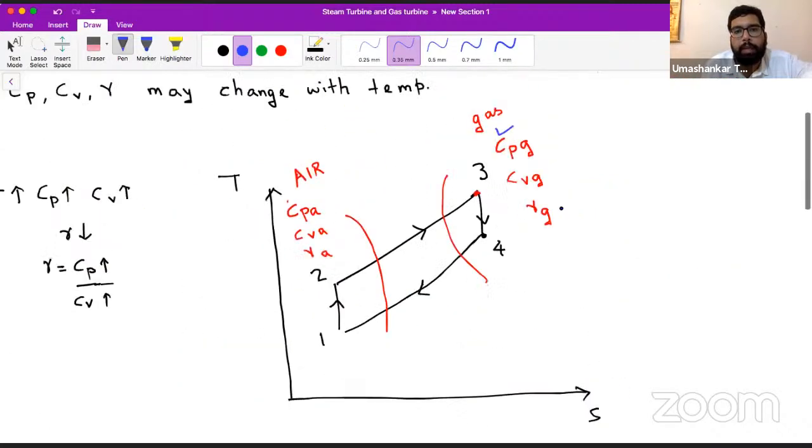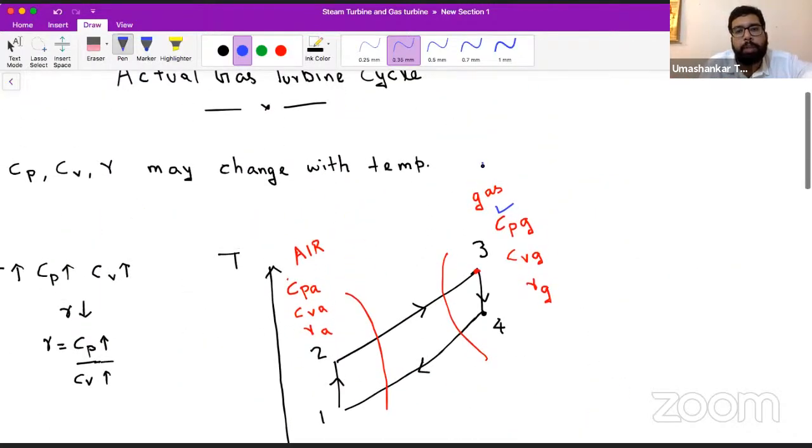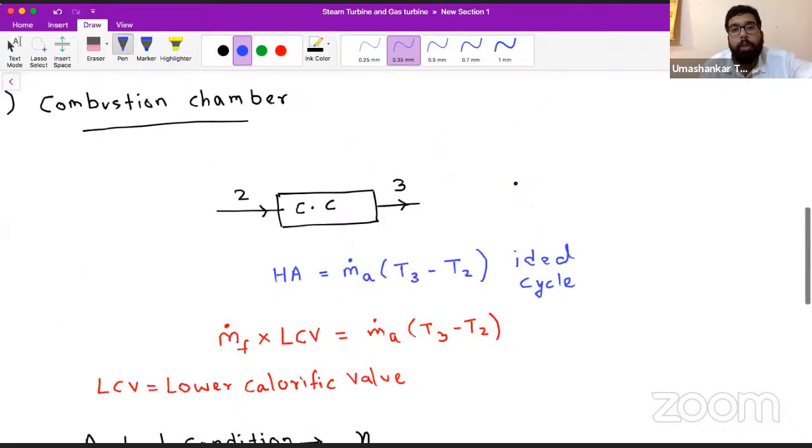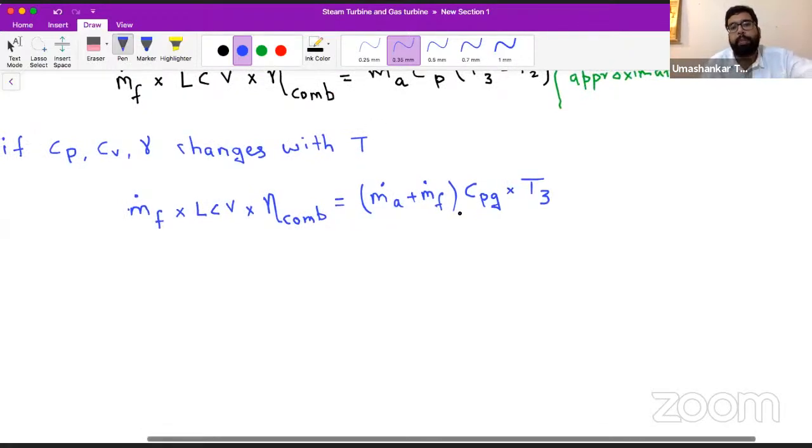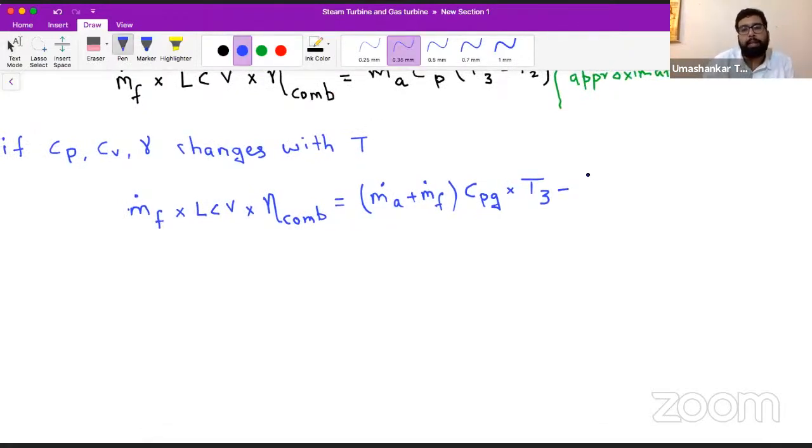As I told you, if this happens, at this point our mass flow rate has also changed, and now the air has become a gas in which the mass flow rate of air is there, and also the mass flow rate of fuel is there. Okay, so minus m dot A CPA T2.